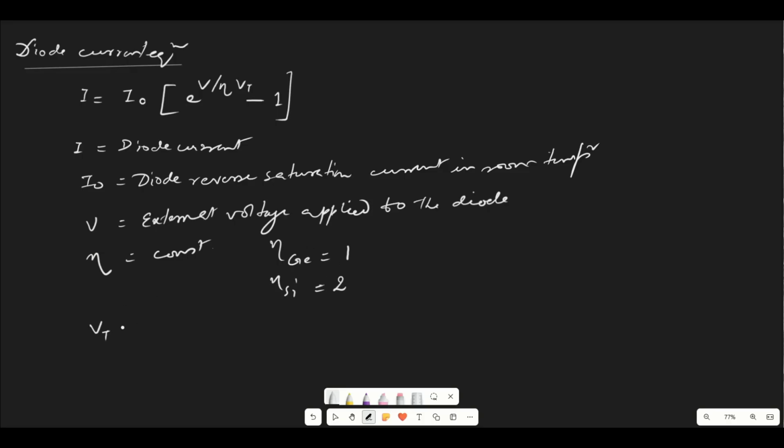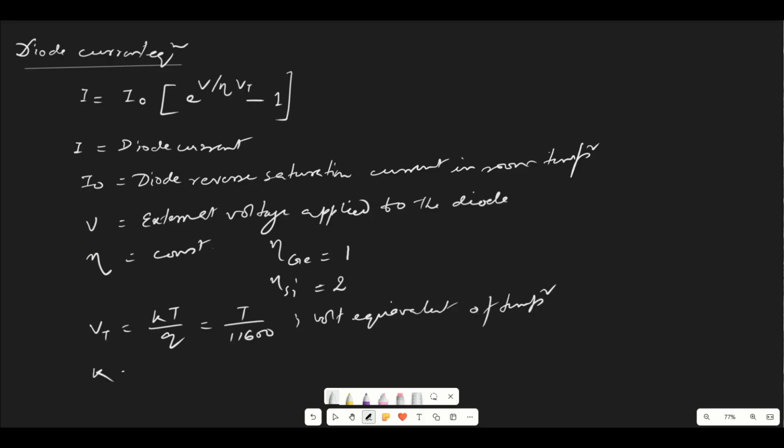Then the value of Vt, as we already know, is nothing but kT by Q, which is T by 11600, which is nothing but the volt equivalent of temperature, as we have discussed in the earlier class. That is Vt.